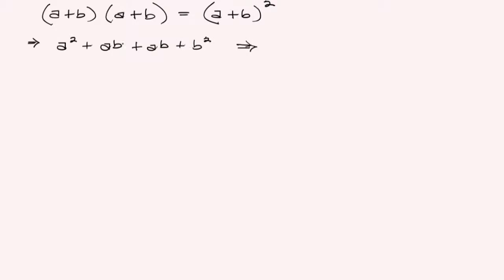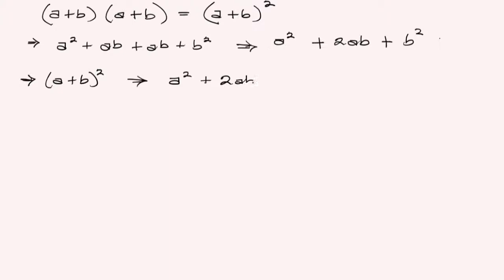Now this can be written as a squared plus ab plus ab, which is 2ab, plus b squared. So essentially, if you have a plus b squared, your answer will be in the form a squared plus 2ab plus b squared.